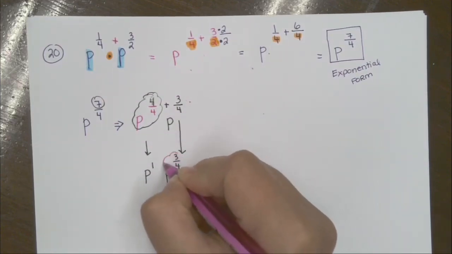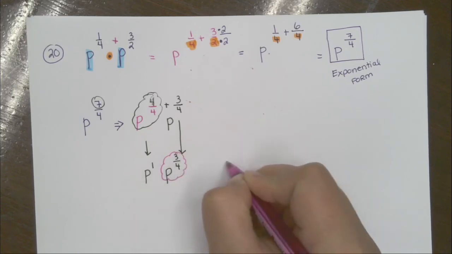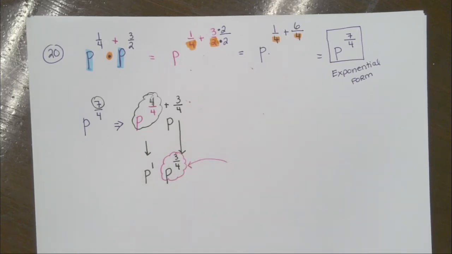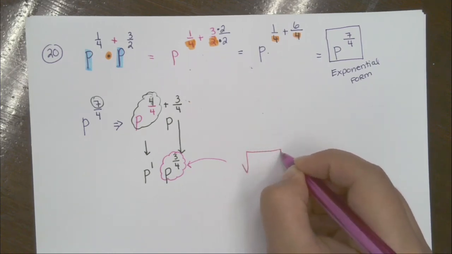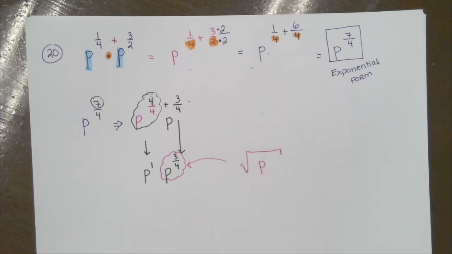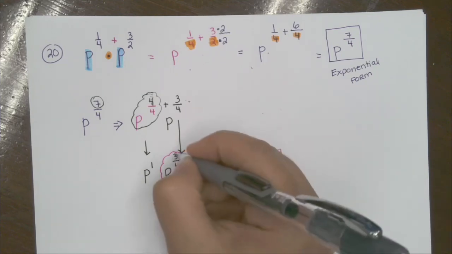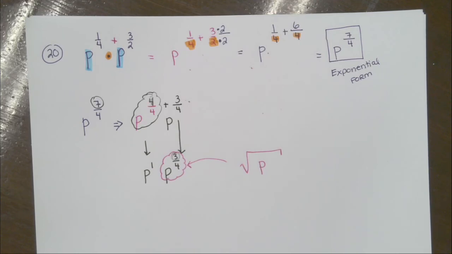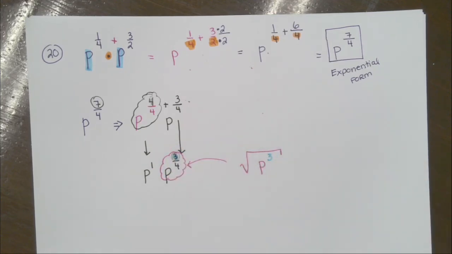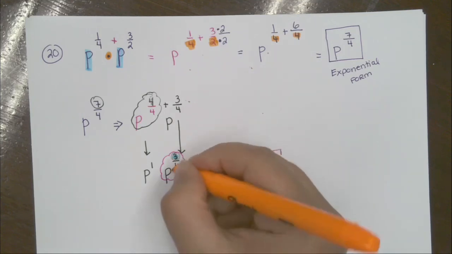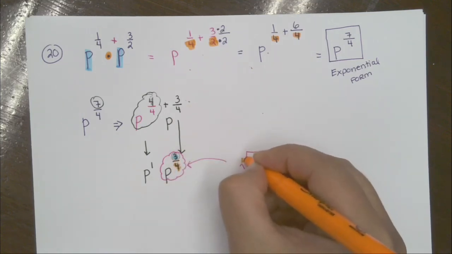This one right here has a fraction. Anytime you have a fraction in the exponent spot, that means it's a radical. That means you have this symbol here. P is on the inside, that's our base. The exponent is 3. The index is 4.